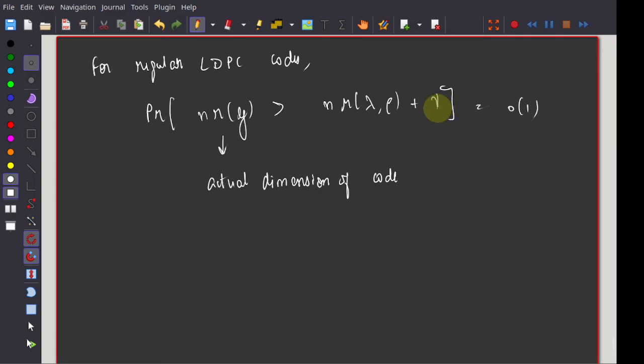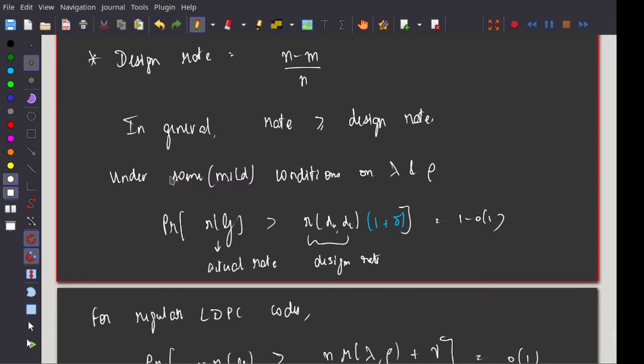What is nu? In the previous case, the extra factor that we added was 1 plus delta. In particular, you look at n times r of g greater than n times r of lambda rho plus n times delta. So you could design for a dimension of 10,000, but the actual dimension could be 10,100.